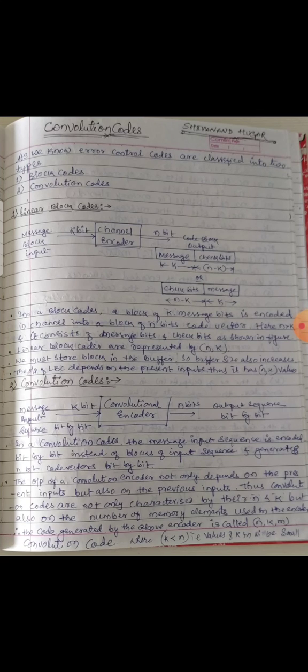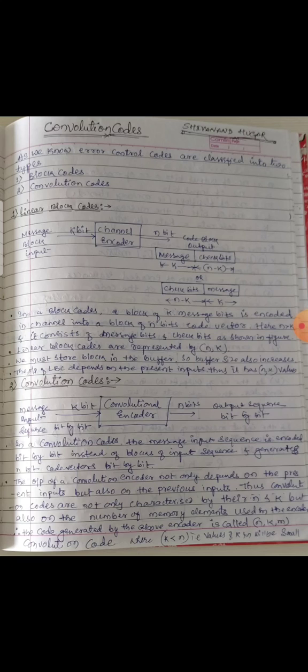Here n is the output and k is the message, in bits. A block code, or linear block code, is represented by (n, k), and the output of this block code depends only upon the present input, not on the previous ones.